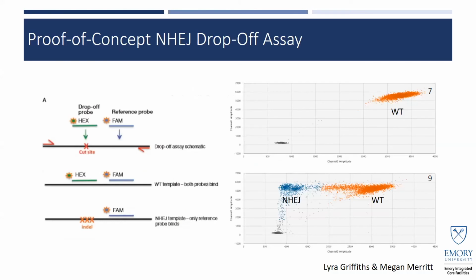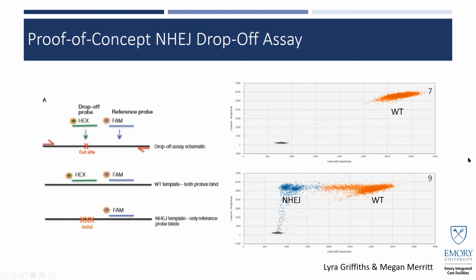Just an example, this is work that's done by Megan and Lyra. This is, again, one of our pilot studies. You can design different assays here just to measure the amount of cells that have undergone an indel mutation, or NHEJ here as labeled.